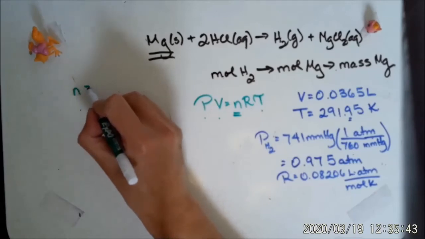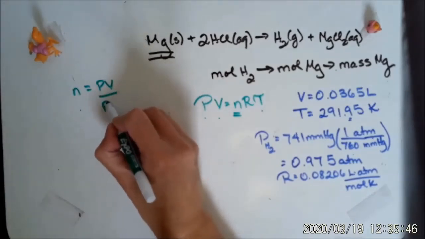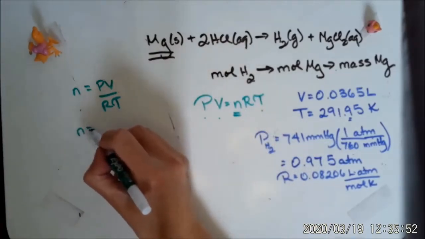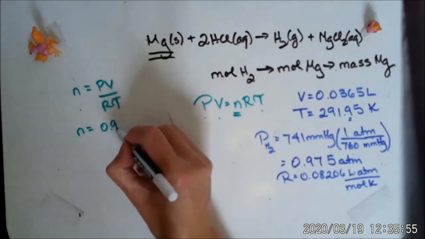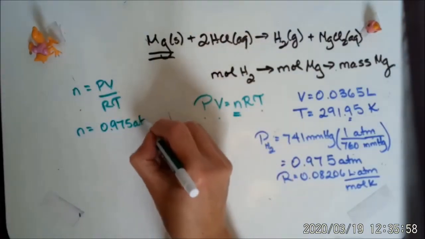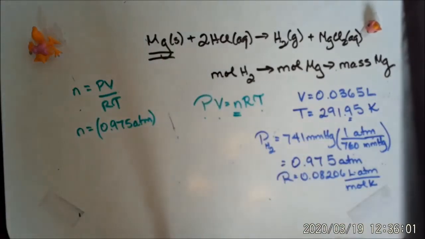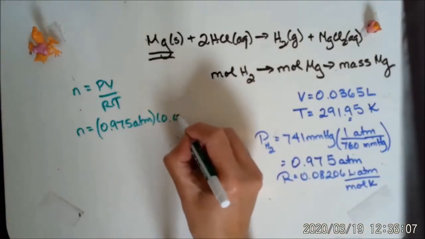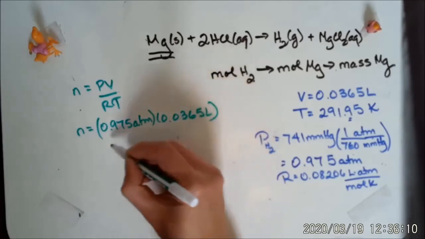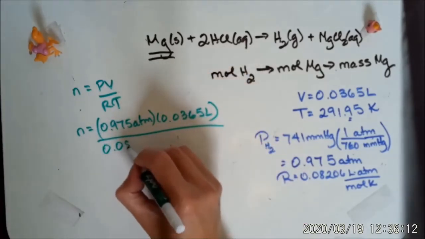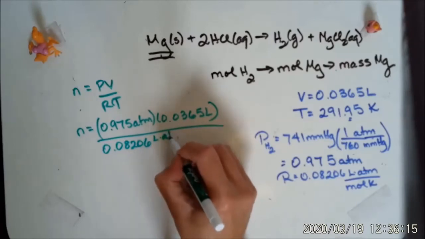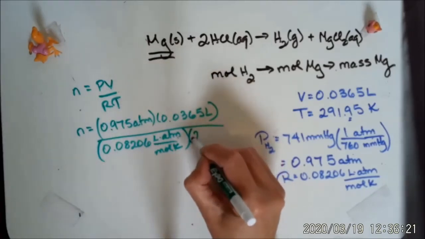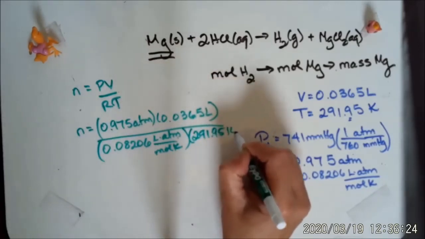So n is equal to PV over RT. So I'm just using this equation, dividing both sides by RT. Let's plug in all our numbers. We have 0.975 atmospheres. Let me just erase this so I have some space here. Okay, V, 0.0365 liters. R, 0.08206 liter atmospheres per mole Kelvin. And T is 291.95 Kelvin.